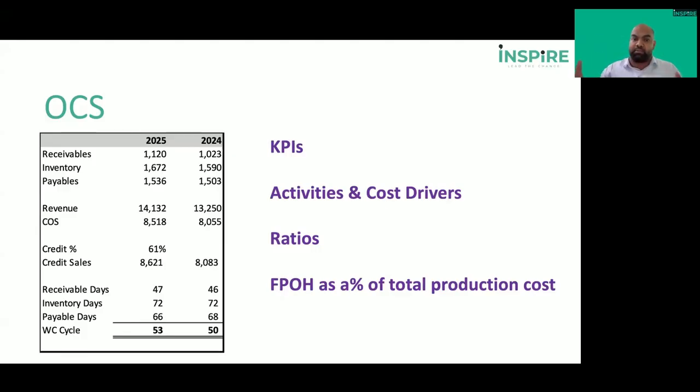Generate that information. Calculate some ratios, like the working capital days, liquidity ratio, current ratio, quick ratio. Try to calculate those ratios. And another calculation that you can do from the budget is try to calculate how much is my total fixed production overhead divided by the total production cost and see what the percentage is.